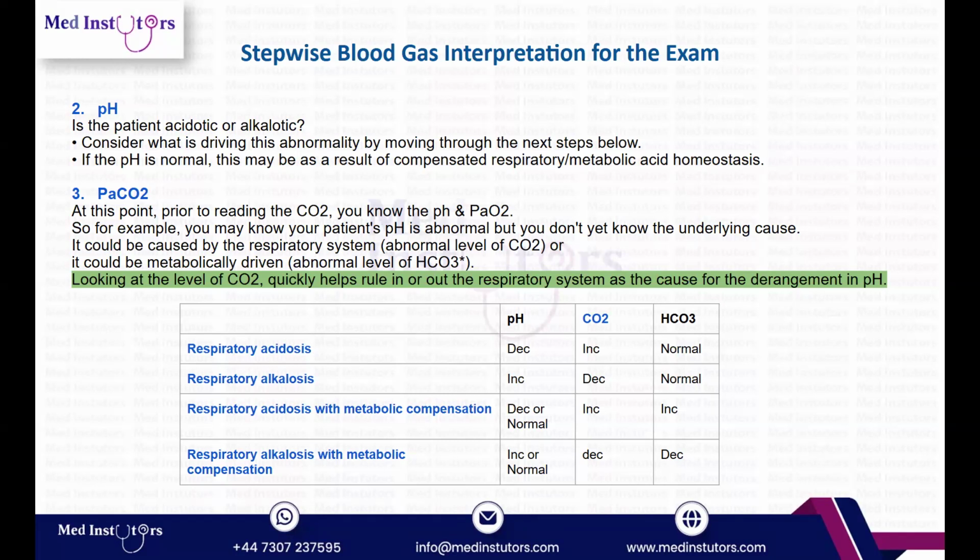If there is some fluctuation outside the normal range of carbon dioxide, that means the cause of that acidosis or alkalosis is of respiratory origin. Or it could be metabolically driven, which you see by looking at an abnormal level of bicarbonate ions. So looking at the level of carbon dioxide quickly helps rule out the respiratory system as the cause of the derangement in the pH.